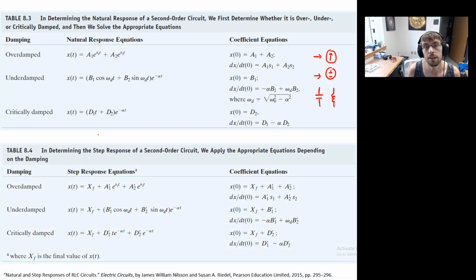And again, in the vernacular of this textbook that I've pulled these charts from, what it refers to as step response is when you throw a switch to connect your capacitors and inductors to some external supply.